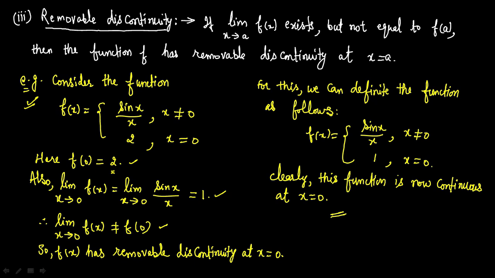How do we redefine the function? f(x) equal to sin x by x when x is not equal to 0, and 1 when x equal to 0. In this case you can see clearly that the limit x approaching 0 f(x) equals f(0) because both are 1. That's why we can say that this function is now continuous at x equal to 0.